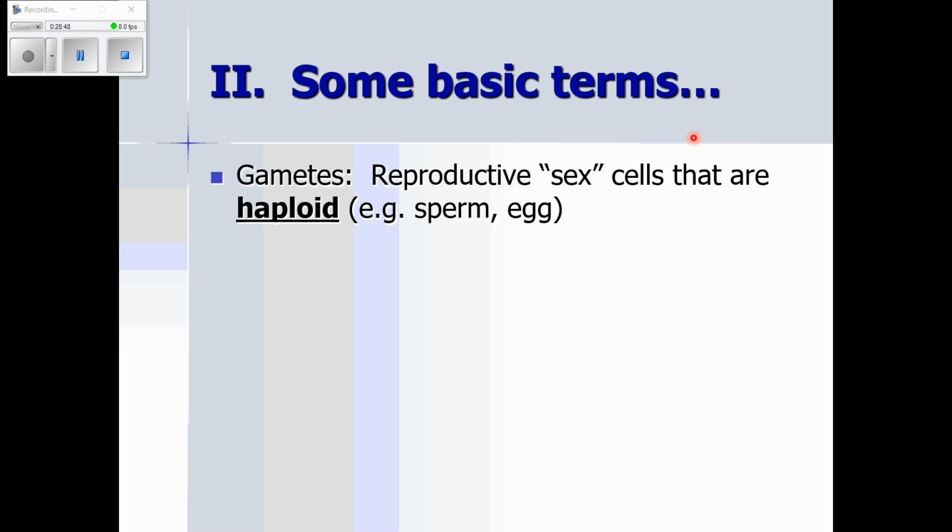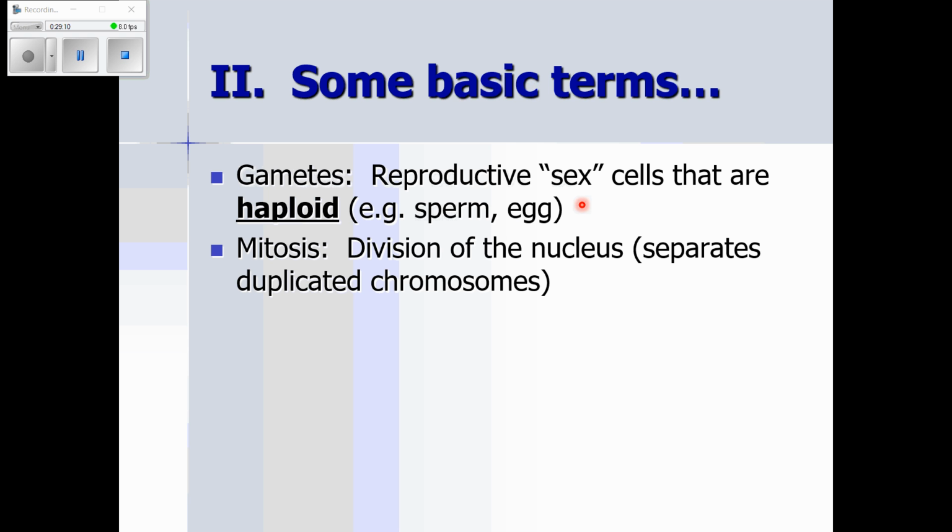And you'll learn more about the meaning of this word later, but essentially haploid is an adjective that means that the cell has only one set of chromosomes. A haploid cell has half as many chromosomes as a regular body cell would have.